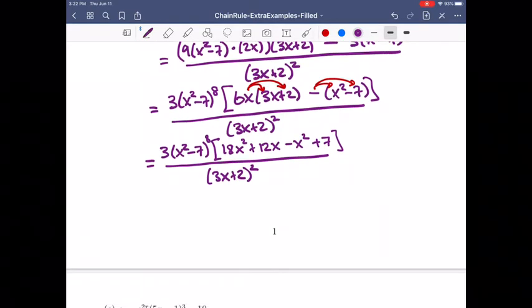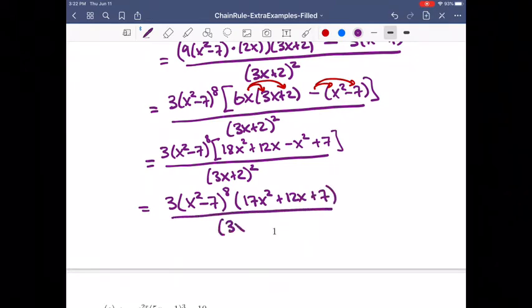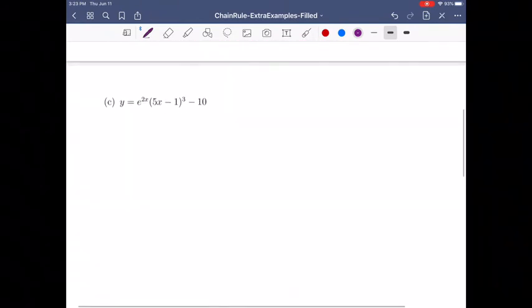Combining like terms, I see that this is 3(x squared - 7) to the power 8 times (17x squared + 12x + 7), all over (3x + 2) squared. So that would be my derivative. Then we'll try some with exponentials involved.